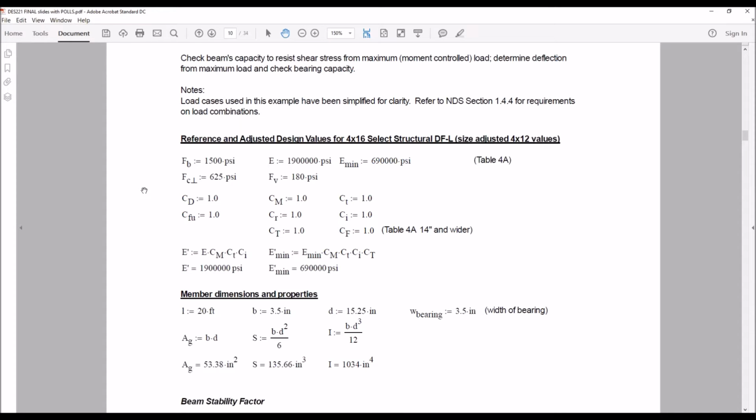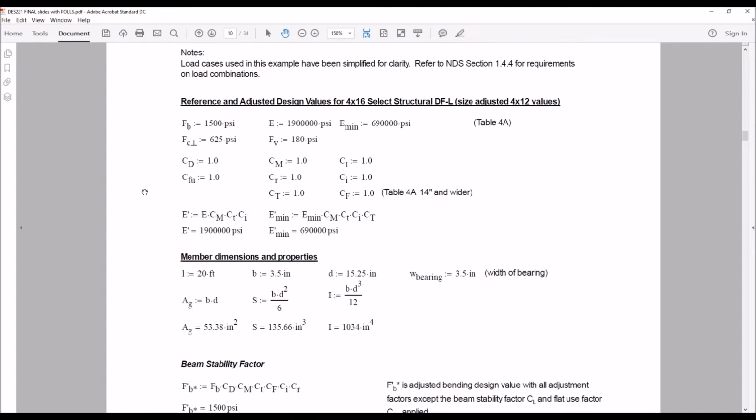We then use the adjustment factors specified in Table 4.3.1, so that's going to include C sub D, which is our load duration factor. And when we say a normal duration, that's equal to 1.0, or a load duration for a typical dead plus live combination. The C sub fu factor is a flat use factor.